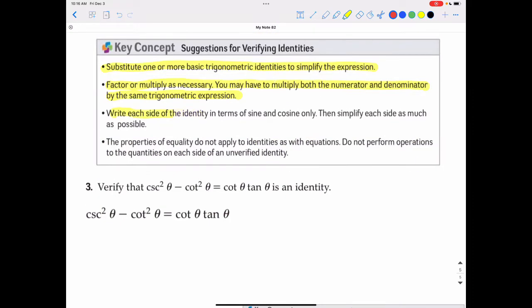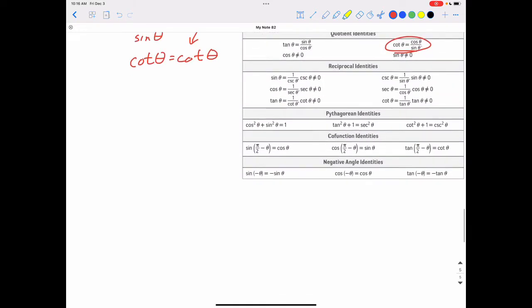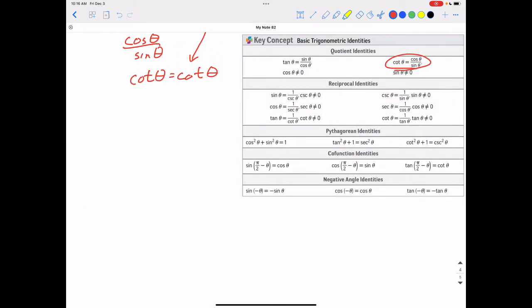Write each side of the identity in terms of sine and cosine only, then simplify each side as much as possible. So going back to your cheat sheet, you can notice that there are a lot of things that can be rewritten in terms of sine and cosine. Both tangent and cotangent can be written in terms of sine and cosine. Secant and cosecant are the reciprocal functions of sine and cosine.